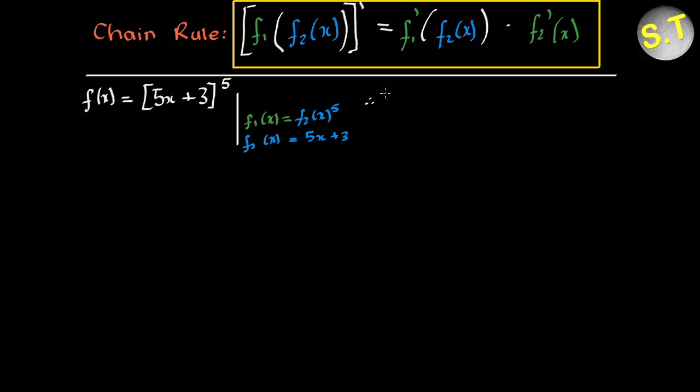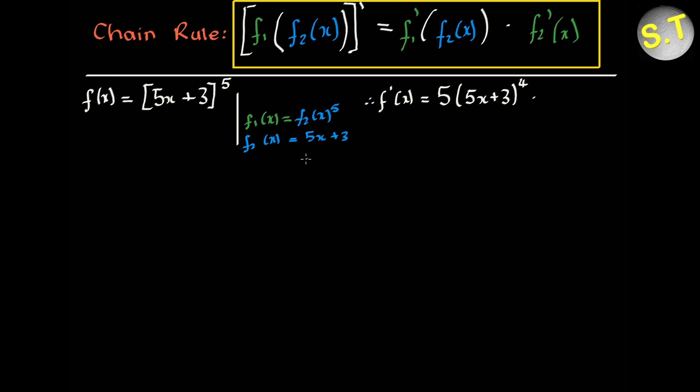So therefore our first derivative, f prime of x, will be given by f1 of f2 of x prime, which basically means the function on the outside. So we have our f2 to the fifth power, so using the power rule, we're left with 5 times our f2 of x, and then reduce the power by 1 to the fourth power, multiplied by the first derivative of f2 of x.